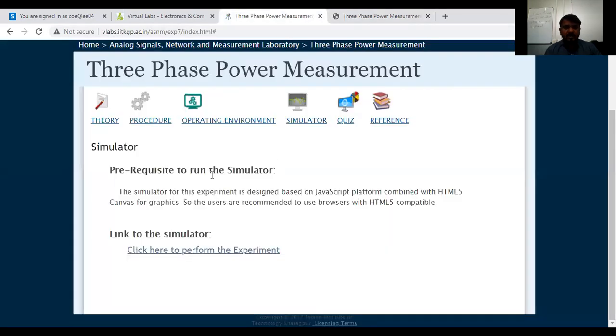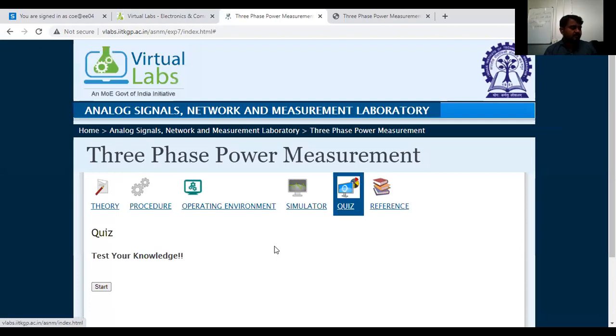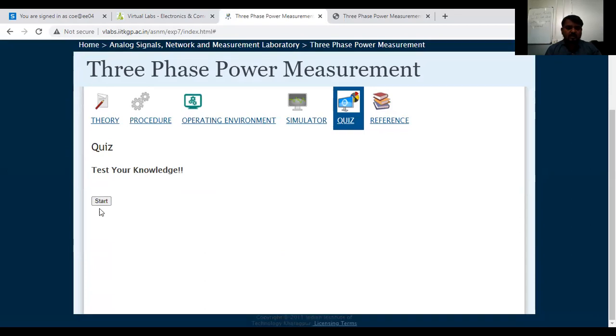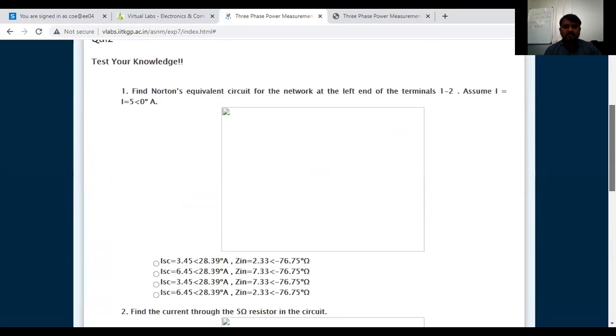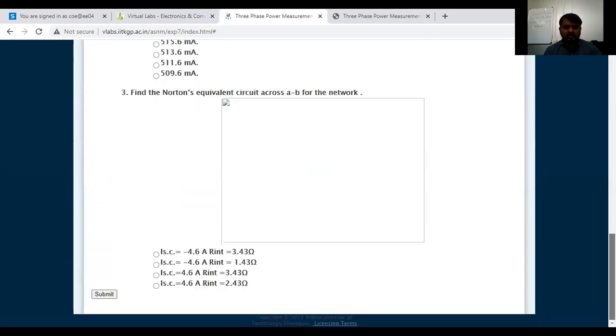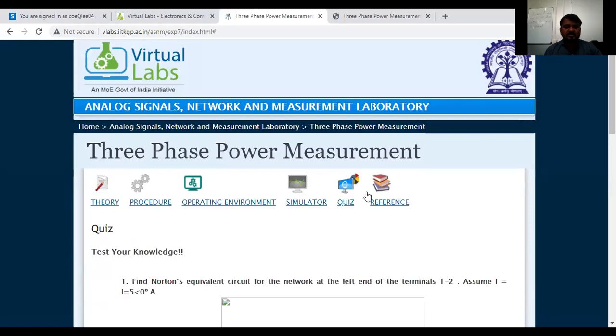By logging in to VLab and opening this, you can take the quiz also. Quizzes are there. You can test your knowledge. See here, the diagrams are not visible, and without the diagram you cannot see the answer. It is not uploaded, I think. You can take the quizzes and some questions will come.